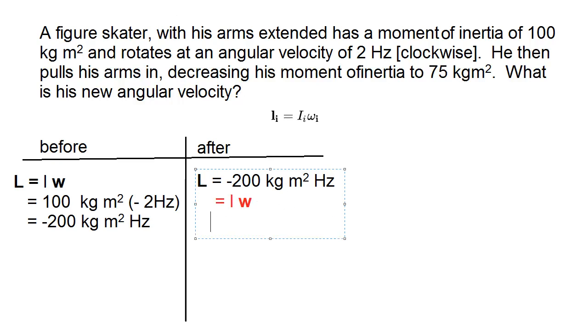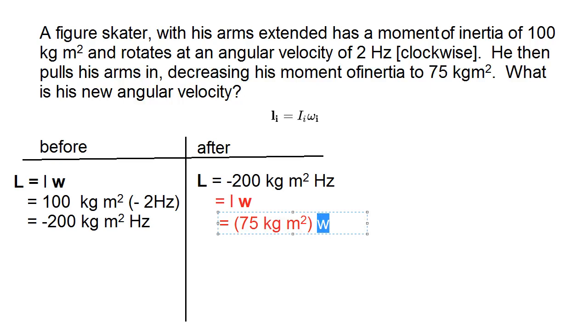Now, in the after case, you've been told that your moment of inertia has changed from 100 to 75. So here, our I is going to be 75 kilograms meters squared, and omega here is what we're trying to find.